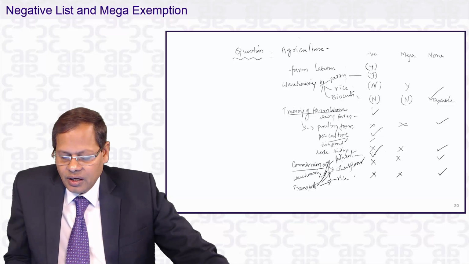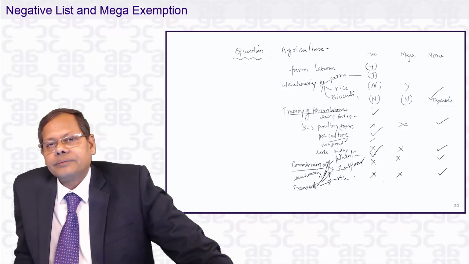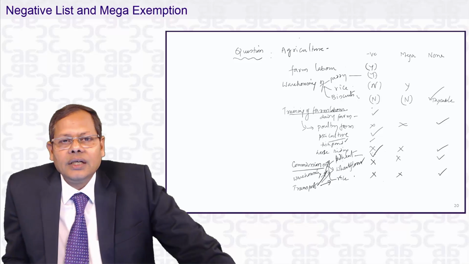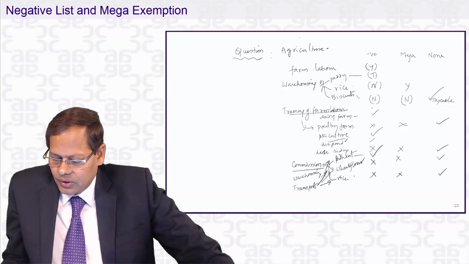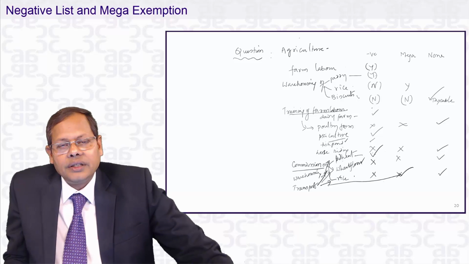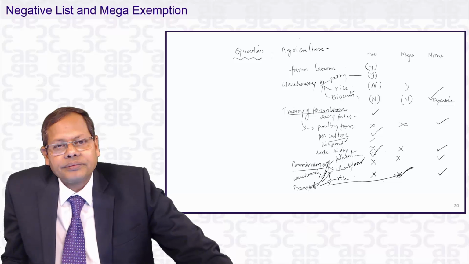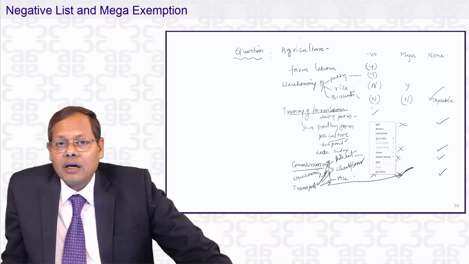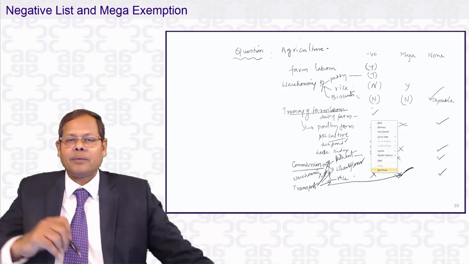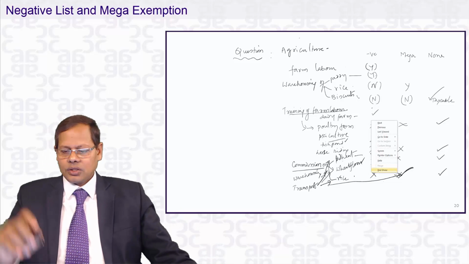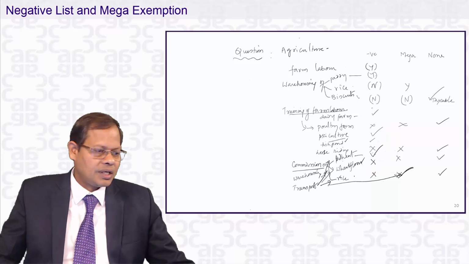Transport is not there, but transport of wheat or wheat flour or rice is there in the mega exemption. So transport of rice is in mega exemption, and even GTA transport is in the mega exemption. Transport by rail or transport by vessel is in the mega exemption. So like this you have to analyze, you have to see.